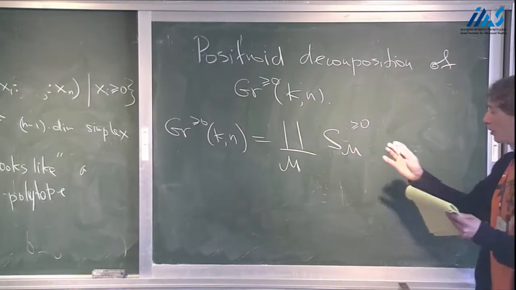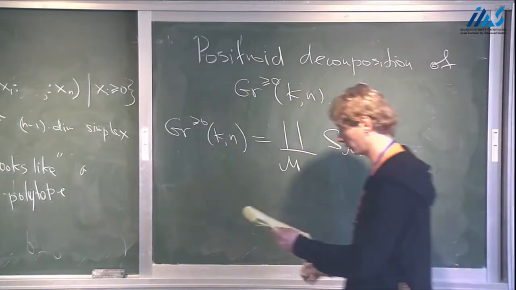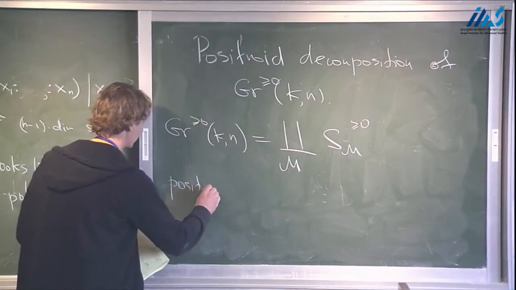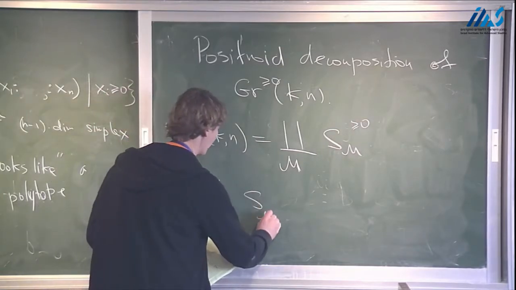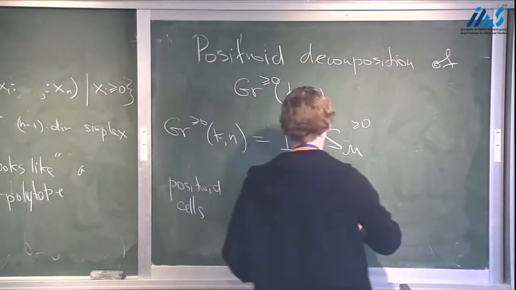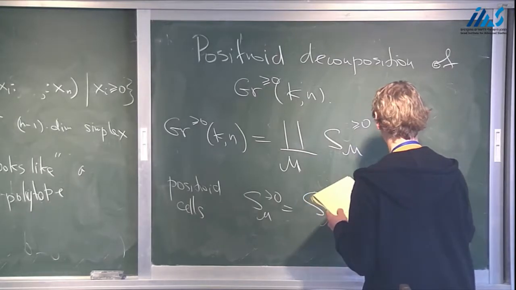They are just parts of the matroid strata inside the positive Grassmannian. These are called positroid cells. They are just matroid strata intersected with the non-negative Grassmannian.